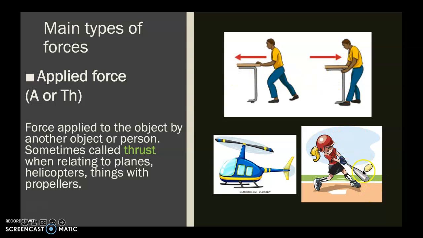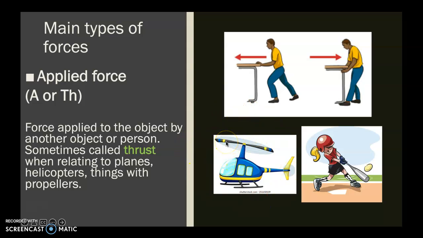The person is hitting a ball, so the bat is applying a force to the ball. But in the case of something flying, like a rocket, then instead of calling it applied force, we actually call it thrust. But it's kind of the same concept.